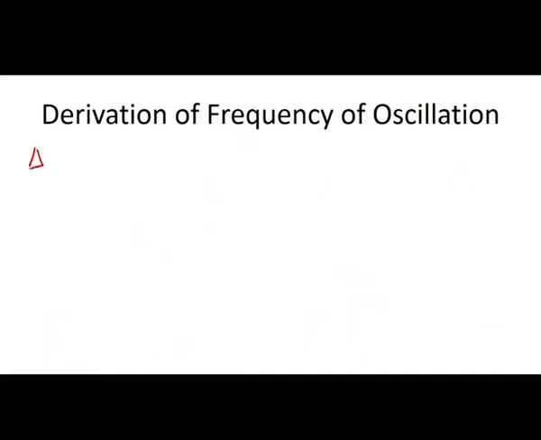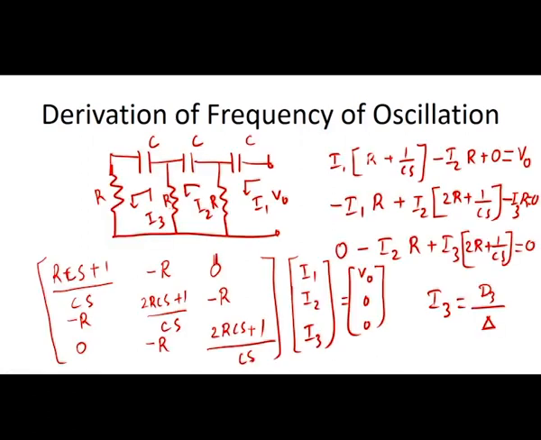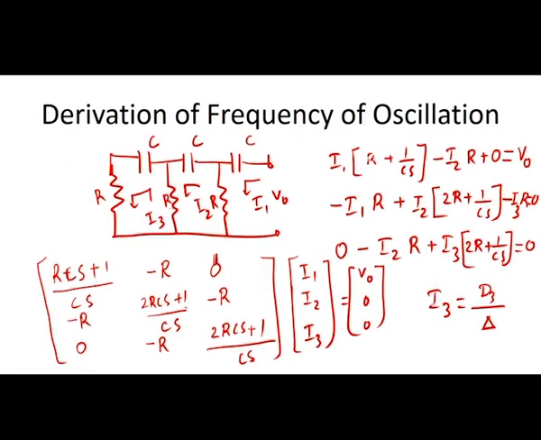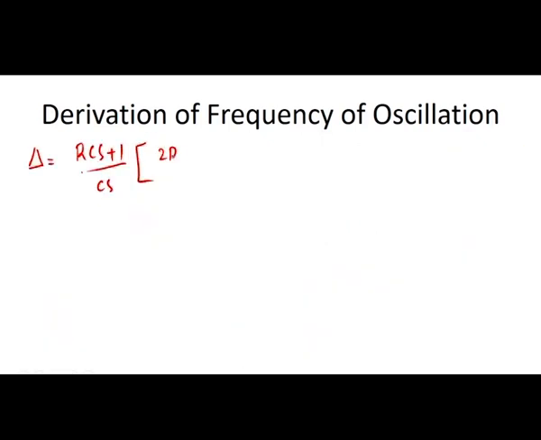So, del is equal to, we know the matrix multiplication. So, it is RCs plus 1 by Cs into these two terms, it is 2RCs plus 1 by Cs the whole square minus R square.